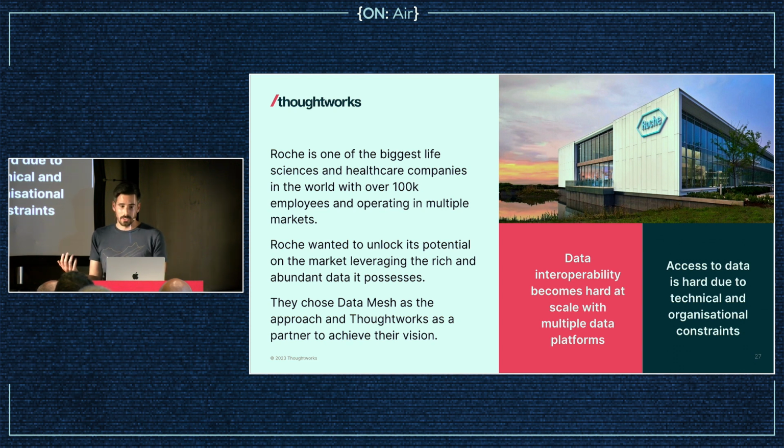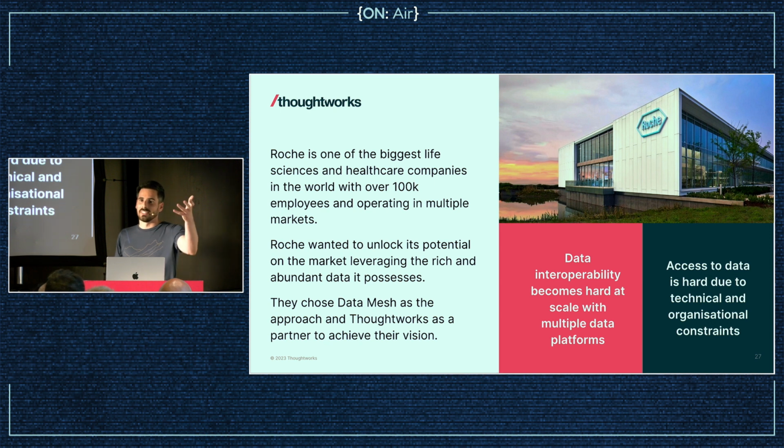So the main two challenges in this company were, first, data interoperability. As you can imagine, a company so big doesn't only rely on one data platform. They have many data platforms. Usually those data platforms are designed and built around a project or a use case. And then you end up with what's called data silos.